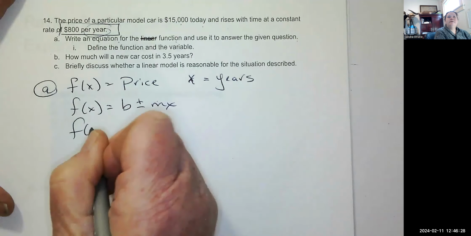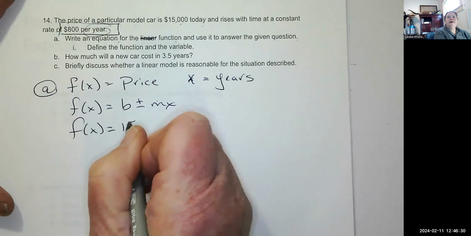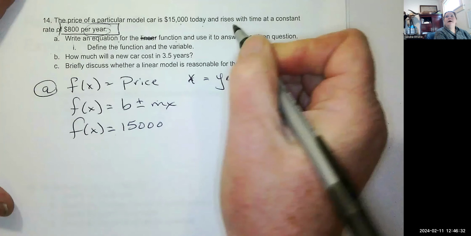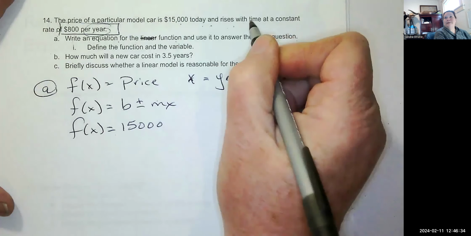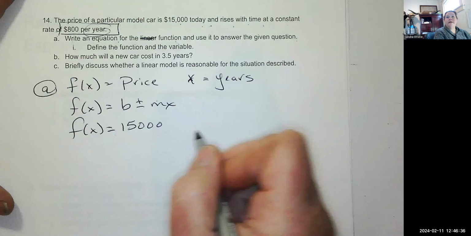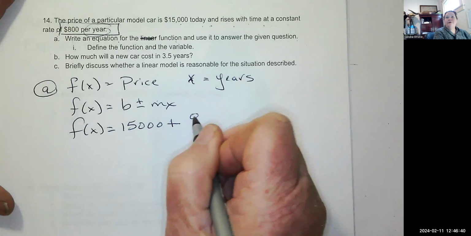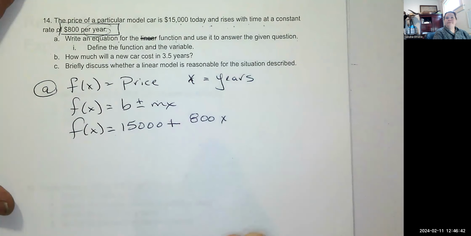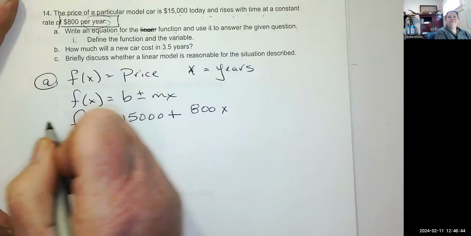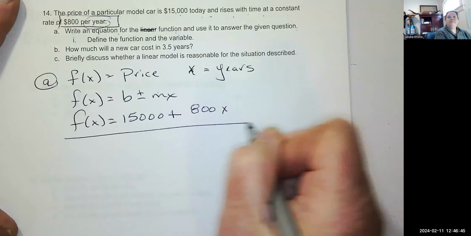So f of x, the initial value is $15,000, and it rises with time at a constant rate. It rises, so it increases, so that's positive, at $800 per year. So there's my function. And I defined my function and I defined my variables.